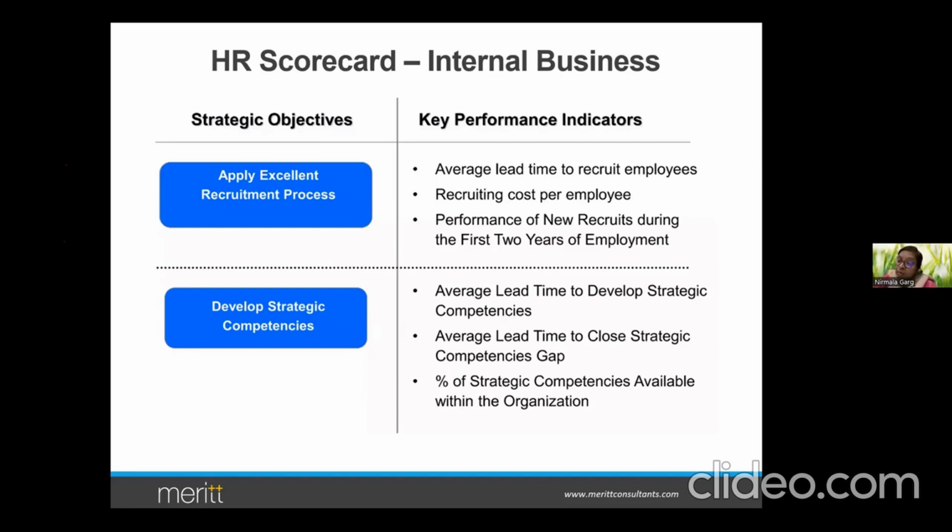With respect to your role, you could be in compensation, an engagement person, or an HR operations person. In your role, just identify. That's what we are going to do next: align what you do and develop key metrics.